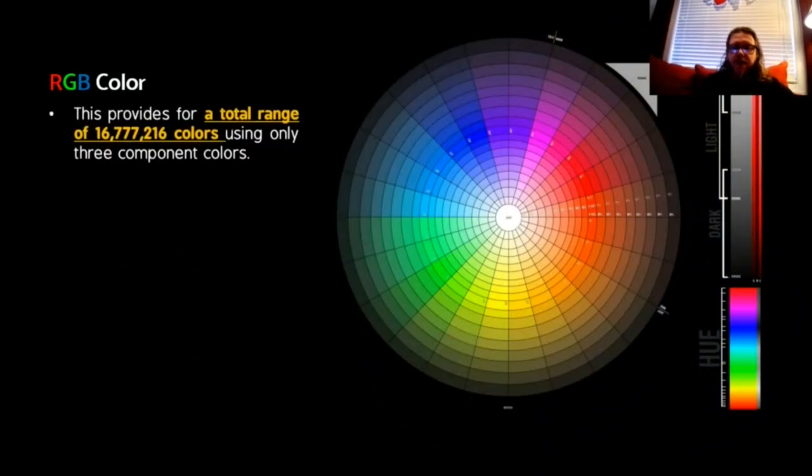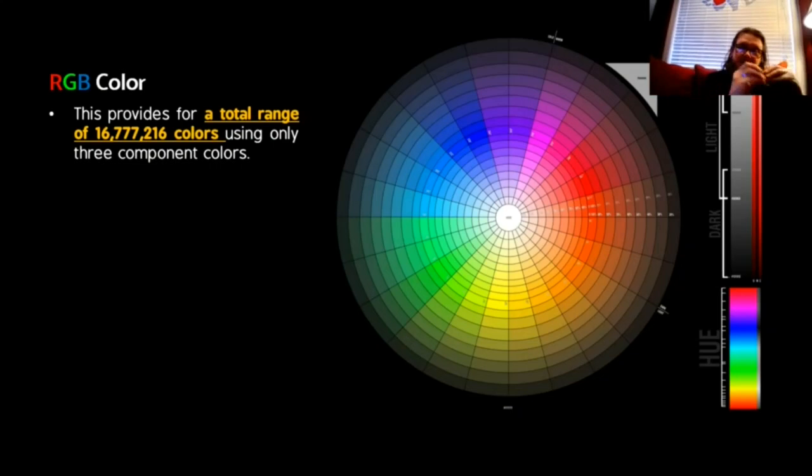All right, this provides then, just using 3 component colors, a total range of 16,777,216 colors, most of which our eyes can't even distinguish the differences between, right?